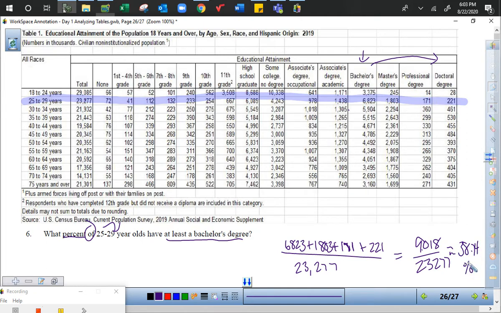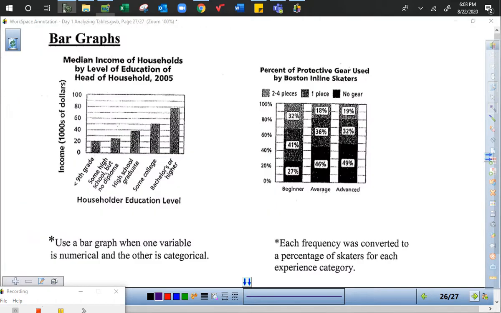Okay. So on your homework, you're going to answer some questions about samples, populations, analyzing tables, writing sentences, things like that. But you might also see some other types of graphs, not just tables, so I wanted to show you a little bit of other things that you might see. Bar graphs are one example, and you've seen these before.